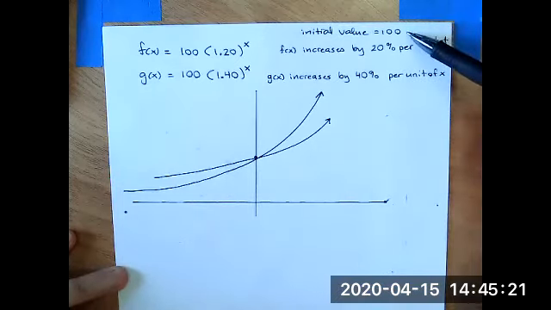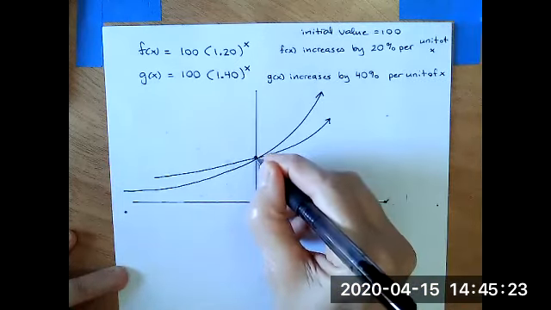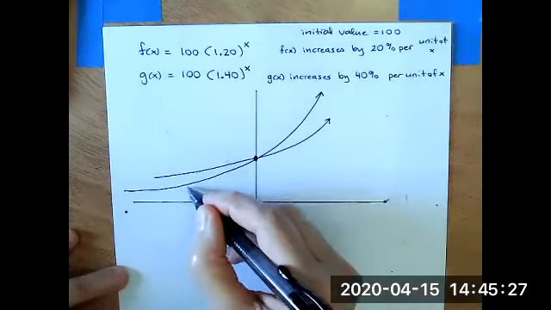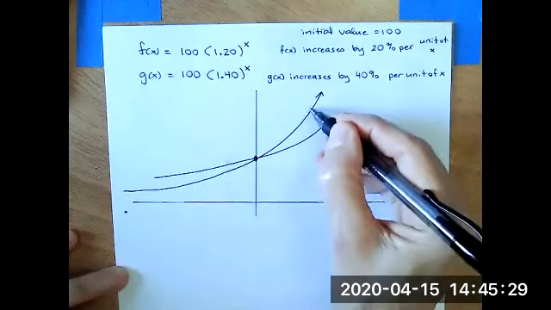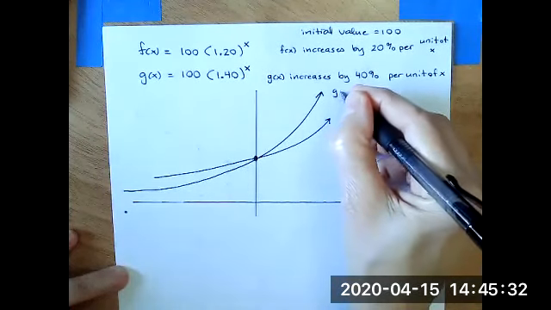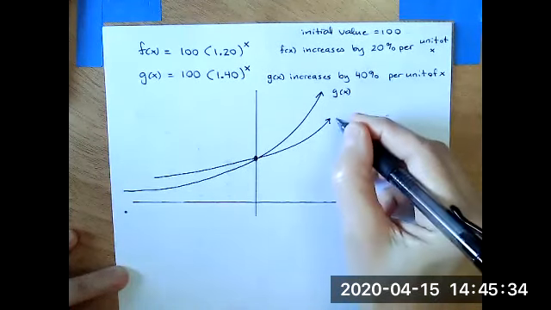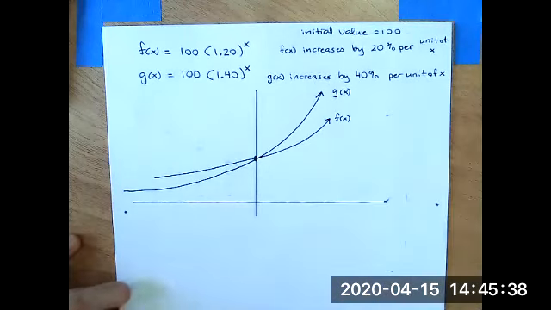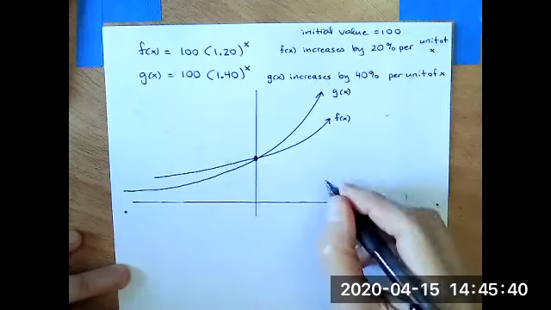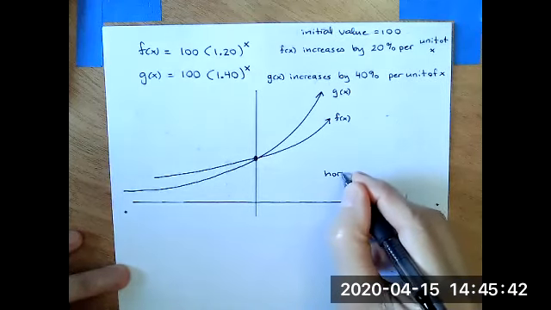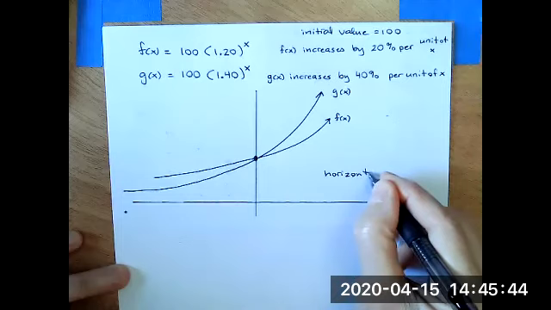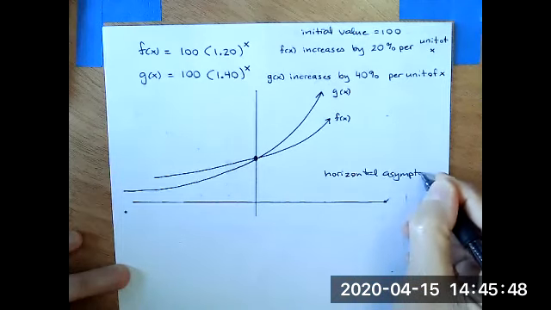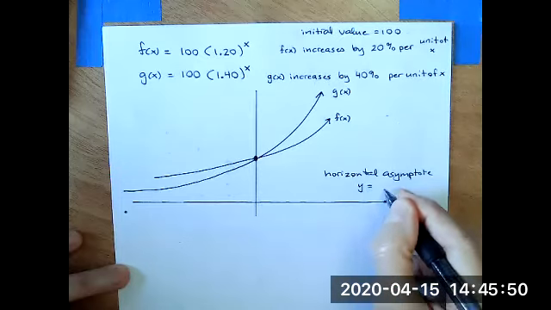They have the same initial value, so they have the same y-intercept, but this one that is increasing faster is g of x. Both graphs have a horizontal asymptote, y equals 0.